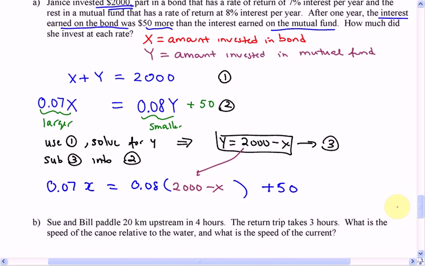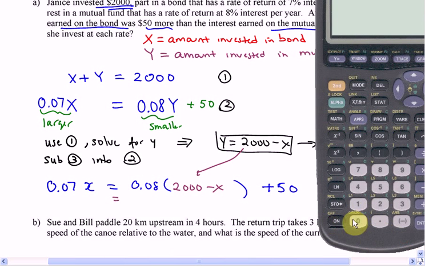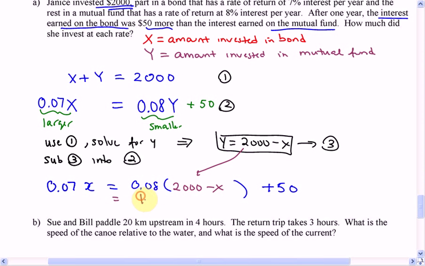0.08 times 2,000. What is that? Ugh, too tired. Use your calculator if you're not too sure, right? 2,000, I think it's 16. Oh, sorry, 160. Yeah, 160. 160 minus 0.08x plus 50 equals 0.07x.